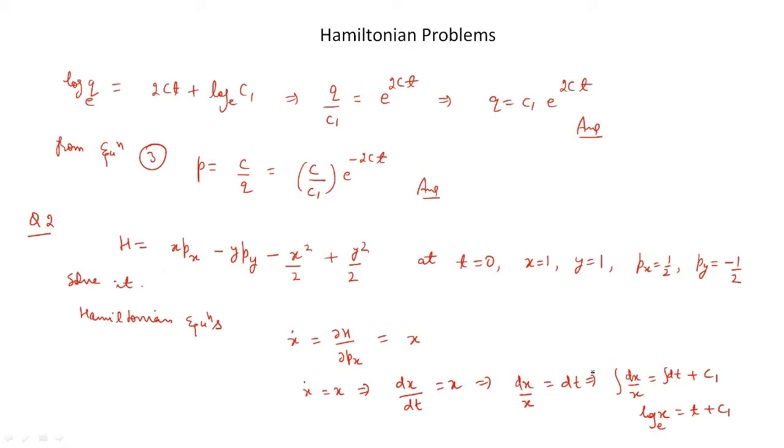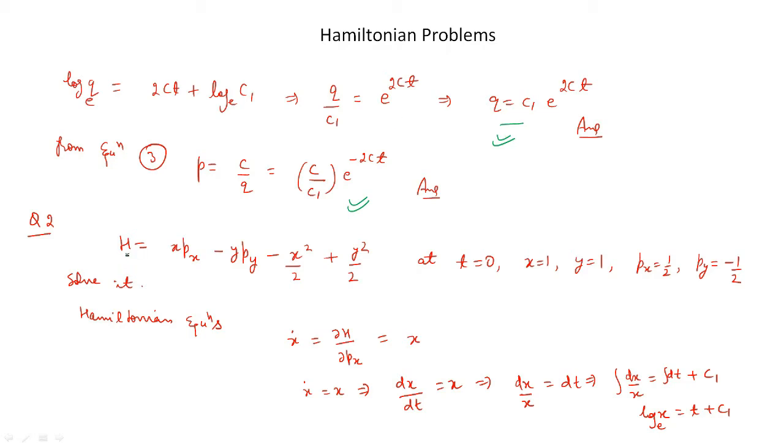Now if you integrate it, then you find log q is equal to 2ct plus log c1, or you can write q/c1 is equal to e to the power 2ct, or q is equal to c1 e^(2ct). If you put the value of q = c1 e^(2ct) in equation number 3, then you find p is equal to c/q, and it will be (c/c1) e to the power minus 2ct. So you can find the value of p and q using the Hamiltonian equations.